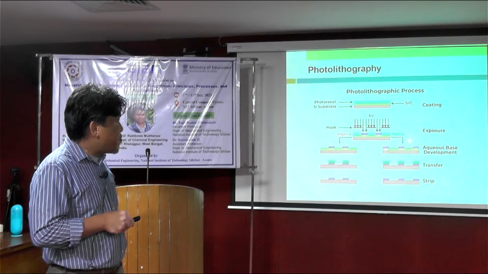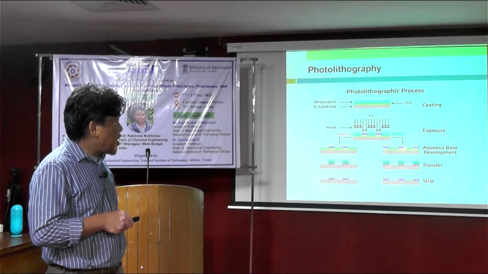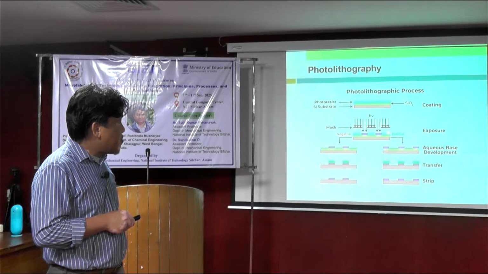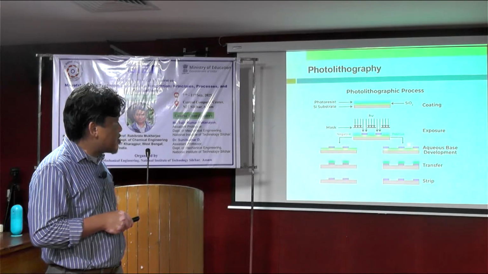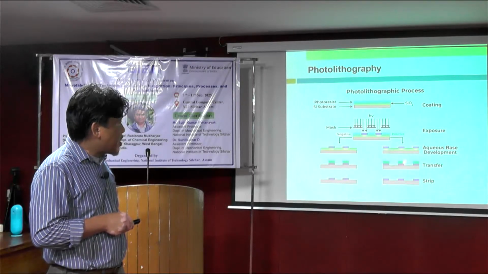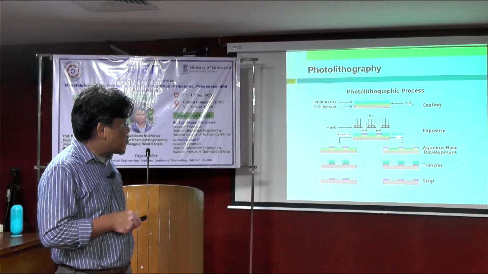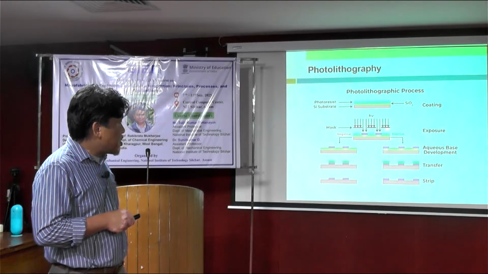Whereas in the positive photoresist, the exposed part will be removed. Because it reacts and cuts the polymer chain, you can then remove the material. The part exposed to the light will be removed in the positive photoresist.